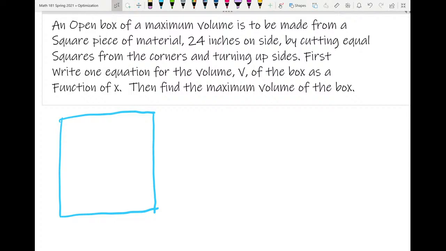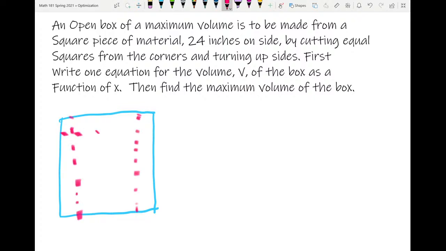We have a square flat surface, and we're cutting equal corners. When you make an open box, try to visualize this. You cut this part, and then you fold it up, and it becomes a box.